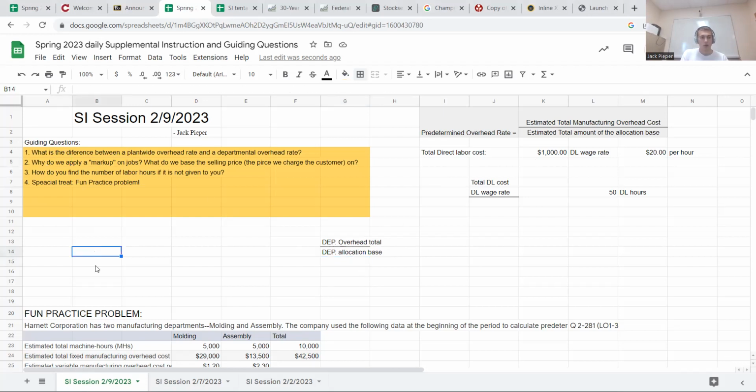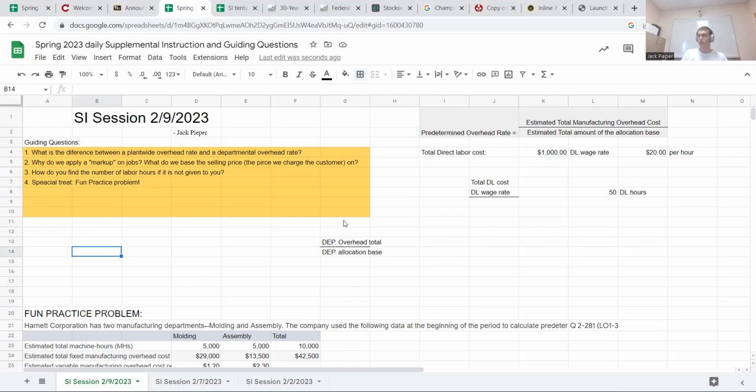Second guiding question: why do we apply a markup on jobs? What do we base the selling price, or the price we charge the customer, on? The reason we apply a markup on jobs is because we always want to make sure that we're making money on every single job. Part of managerial accounting is understanding not only how much revenue you took in, but more specifically, understanding how much things cost you to do.